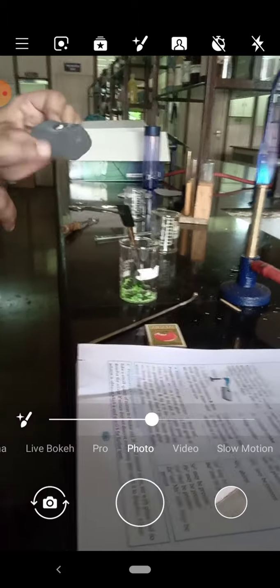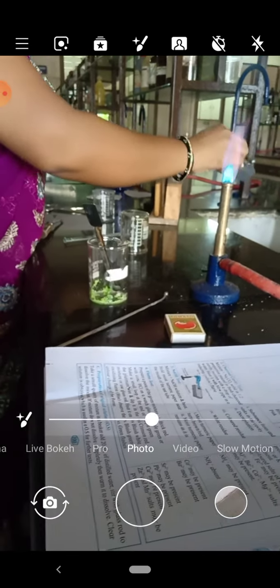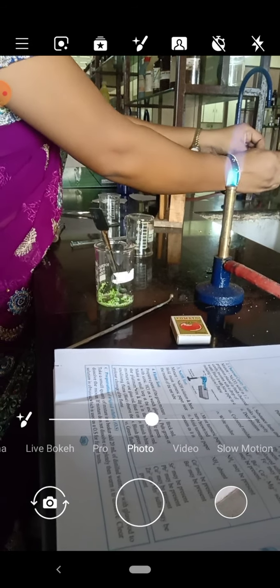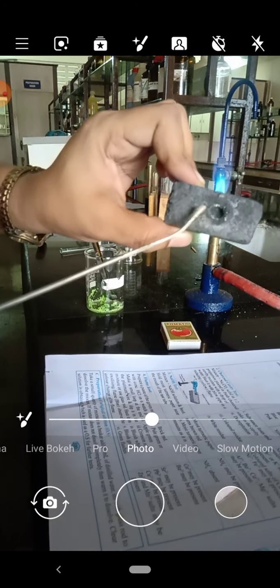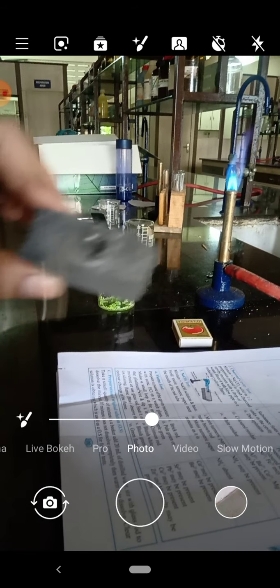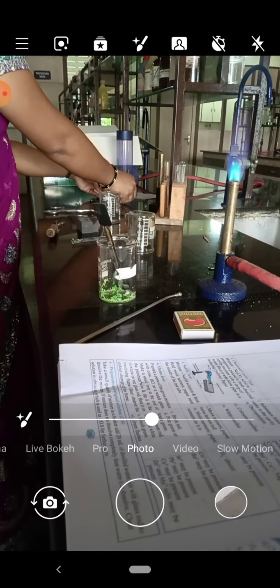See, this is the charcoal which we are going to use. It was used earlier, so we will clean that cavity. See, this is a cavity, cleaned one. In this cavity we have to fill our given mixture.